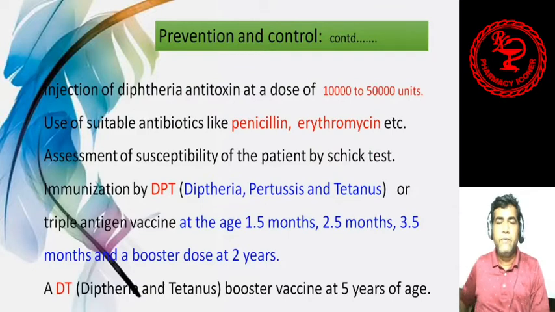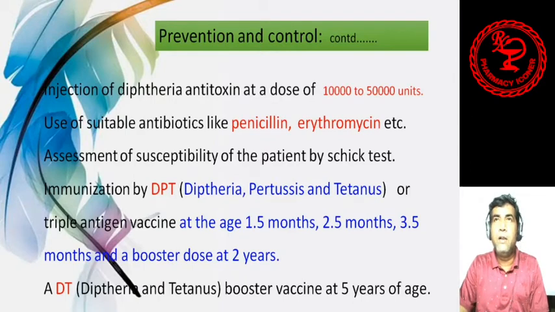Now, diphtheria causes toxemia and a lot of fatality occurs. Many patients die. So those patients who are severely affected may be given diphtheria antitoxin, at a dose of 10,000 to 50,000 units.